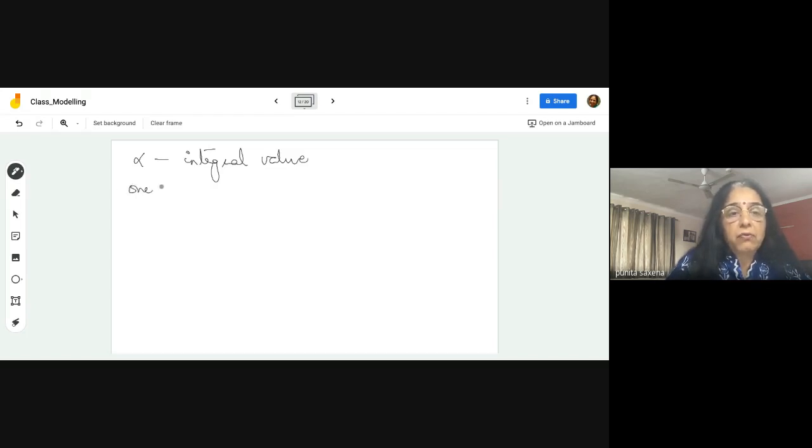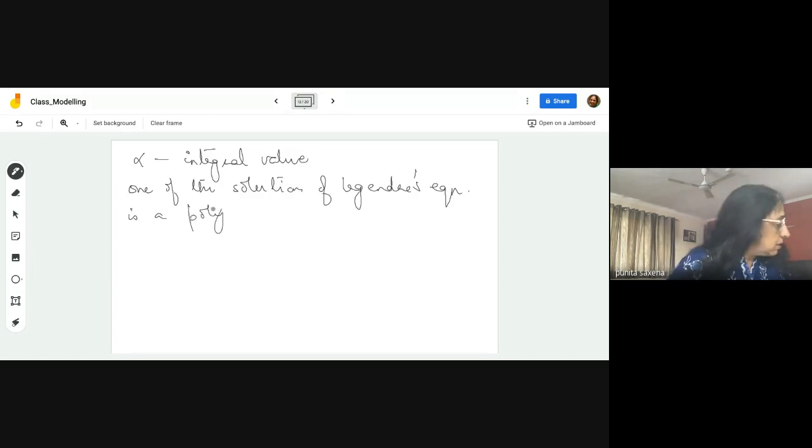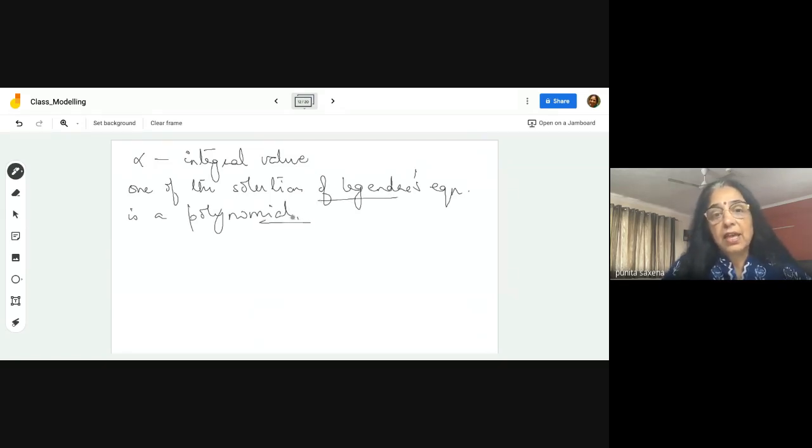Then one of the solutions of Legendre's equation is a polynomial. Is that right? So one of the solutions of Legendre's equation is a polynomial. So this polynomial is called a Legendre's polynomial.